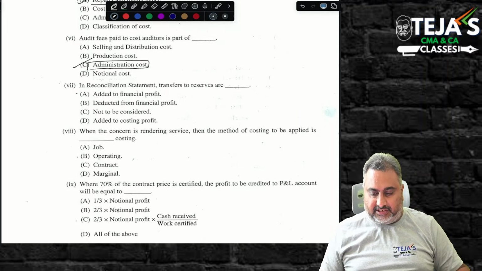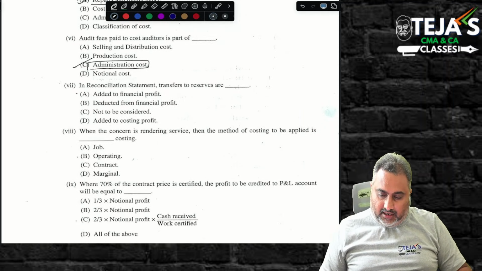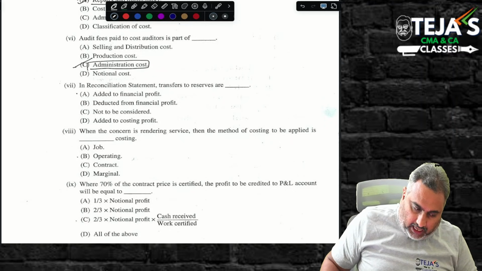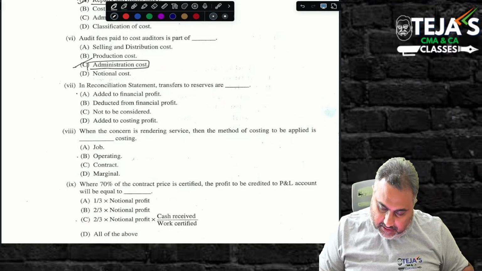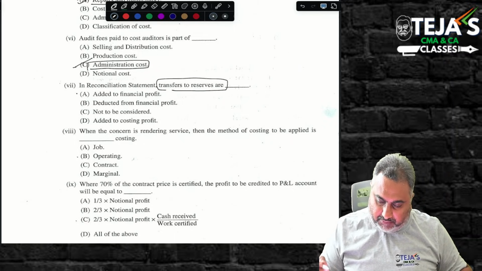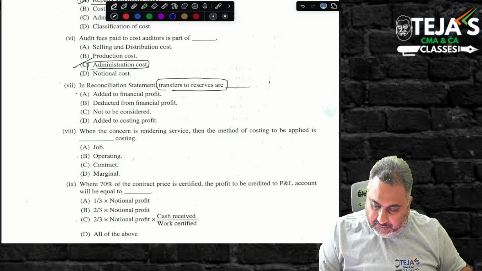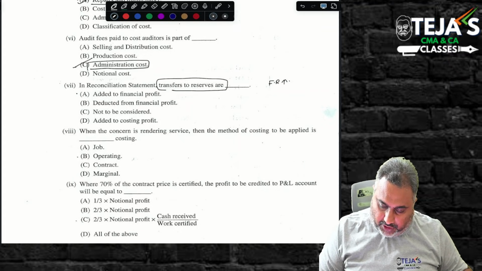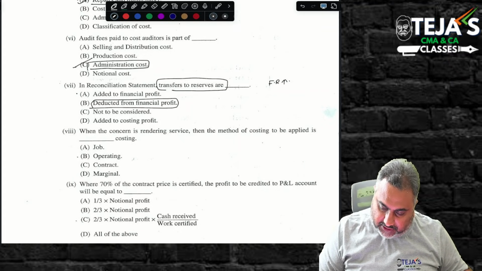In the reconciliation statement, transfers to reserves: whenever you are transferring to reserve, that is an appropriation of profit. If you are starting with the financial profit, it is not an income item but is shown only in financial profit.